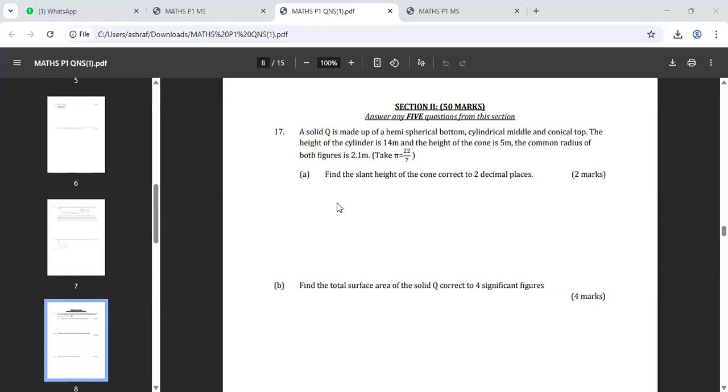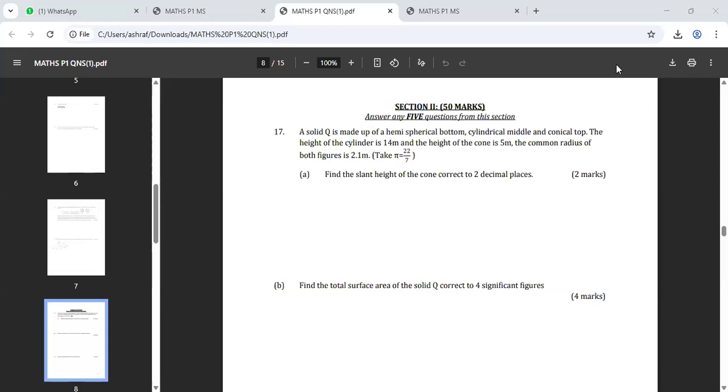How do you normally find the slant height of a cone? So for the cone, we have the height is 5 and its radius is 2.1. So how do you find the slant height? Yes, Victor, unmute yourself. Use the Pythagoras theorem. Good. So let's use the Pythagoras theorem.